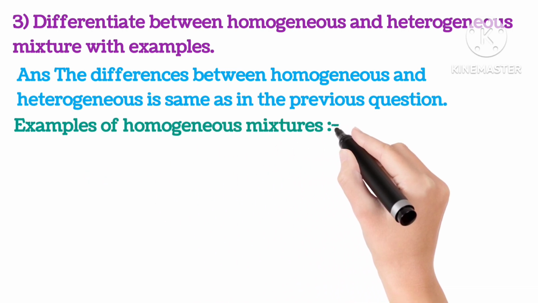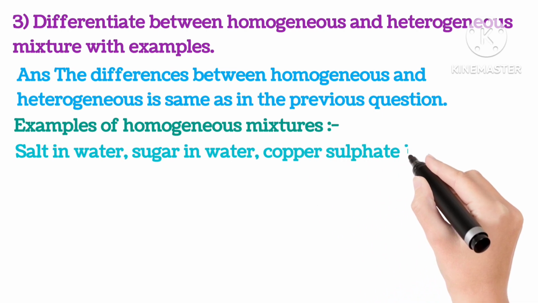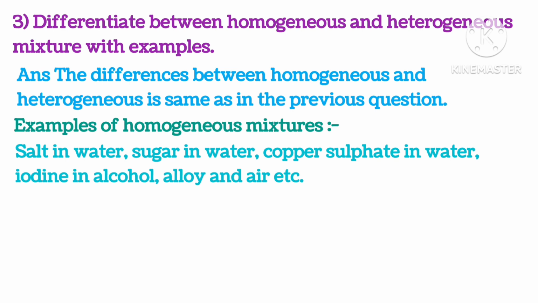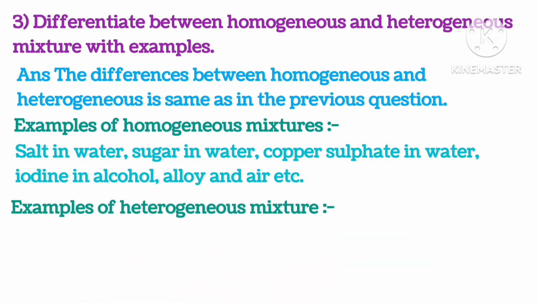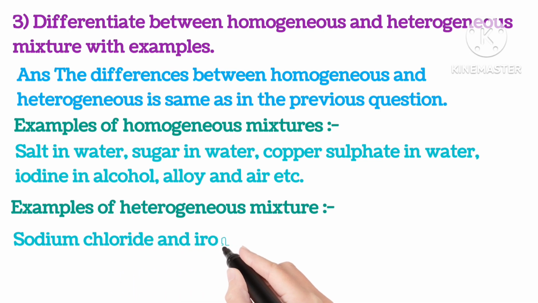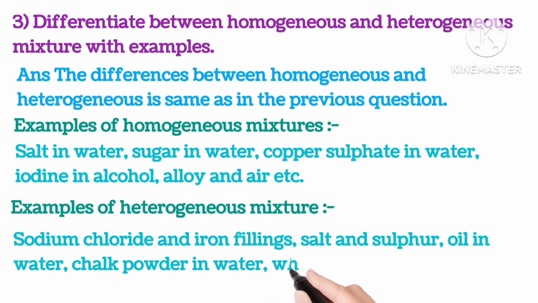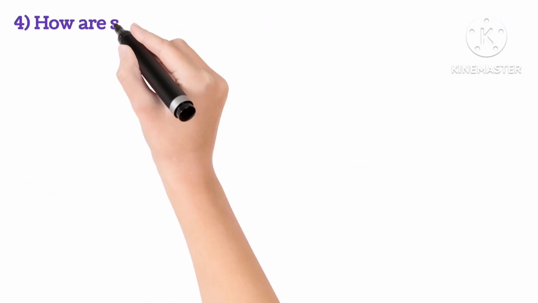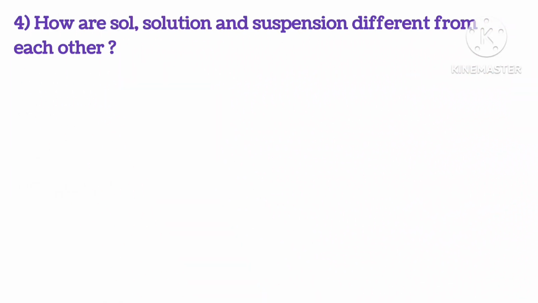Examples of homogeneous mixtures are salt in water, sugar in water, copper sulfate in water, iodine in alcohol, alloy and air, etc. Examples of heterogeneous mixtures are sodium chloride and iron filings, salt and sulfur, oil in water, chalk powder in water, wheat flour in water, milk and water.